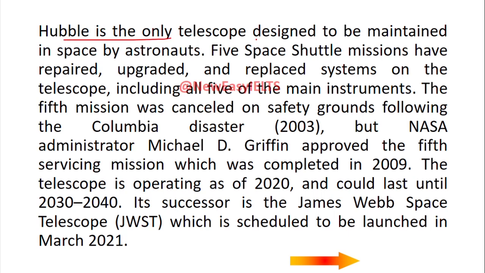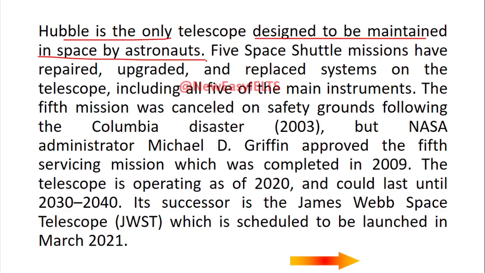Hubble is the only telescope designed to be maintained in space by astronauts. Repairing, maintenance, both are similar words. So we just change maintained to repaired. Hubble is the only telescope designed to be repaired in space by astronauts. We got our keyword, that is design. Because of its design, it can be repaired in space by astronauts.